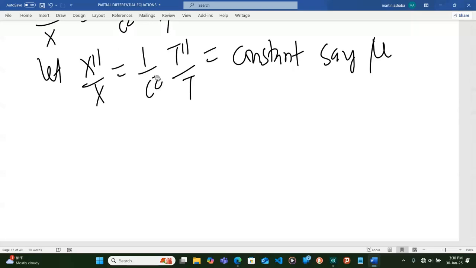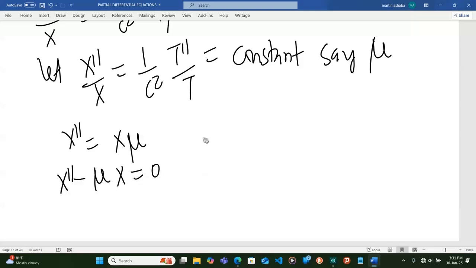Now, if that is the case, I will have X double prime is equal to X nu. That is one side. So I will have X double prime minus nu X is equal to 0. That's one.